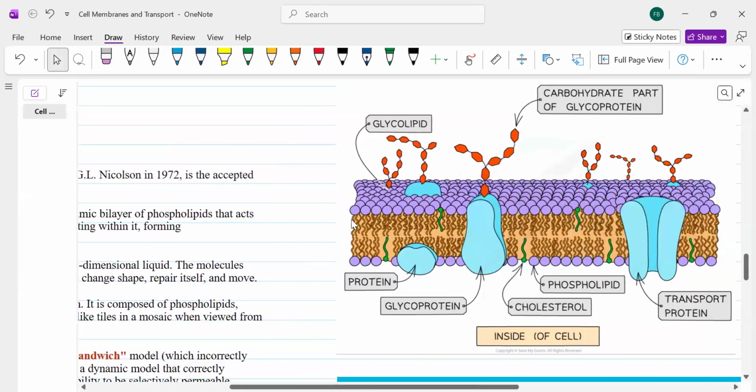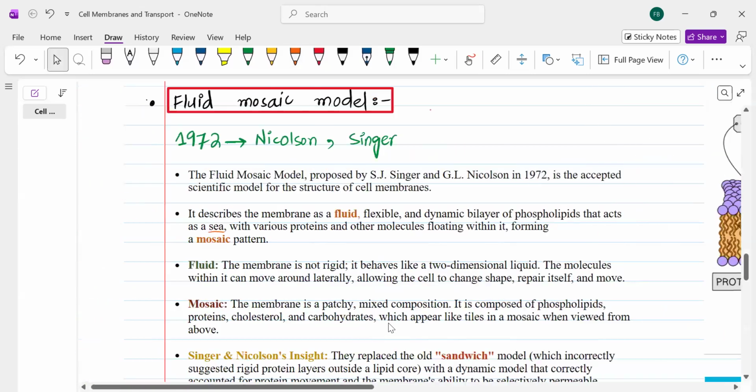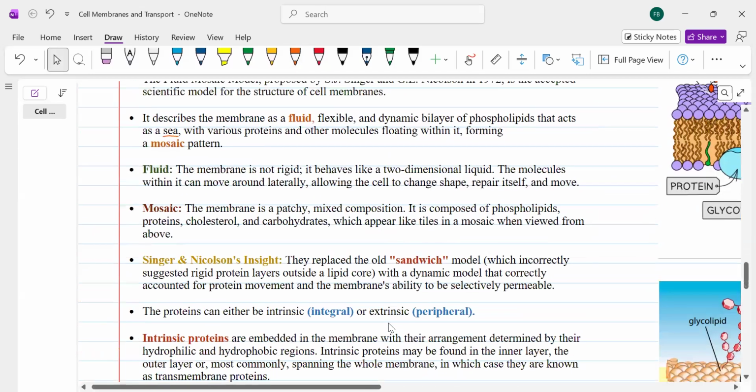This phospholipid bilayer is acting as a fluid, and all the other things are floating in it. All the components present other than phospholipids in the cell membrane form a mosaic, because they are floating. This is the most accepted model.